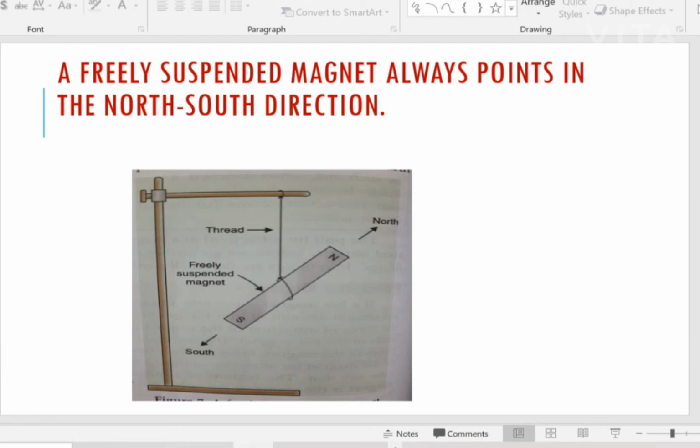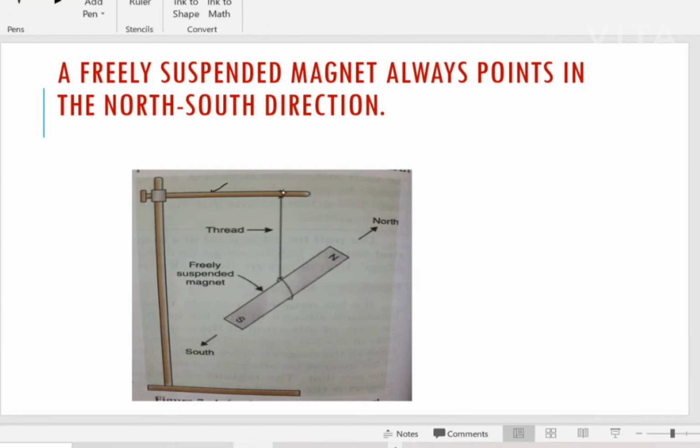You can see the arrangement given with the help of a stand and clamp. And you need a bar magnet and thread for performing this activity. So you can see this is the clamp and you need a thread. The thread is tied to a bar magnet.